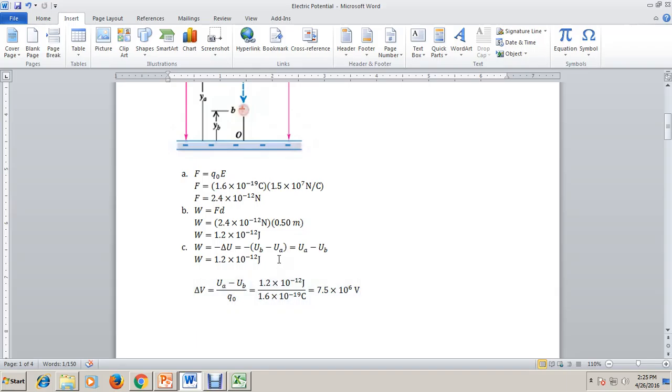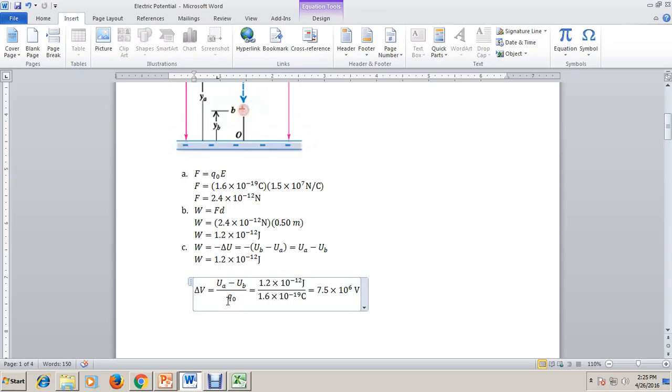So if we compare this with the idea of the electric field, recall from our previous video lectures that the electric field is the measure of the force per unit charge. In the same manner, we could also define the idea of the potential.